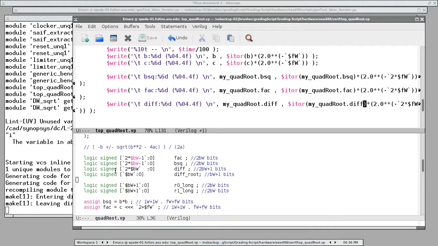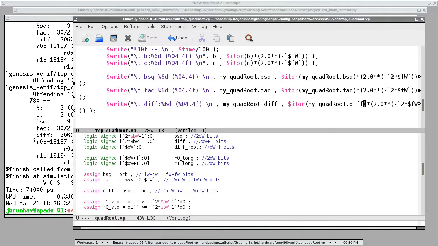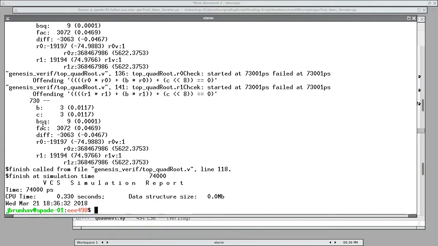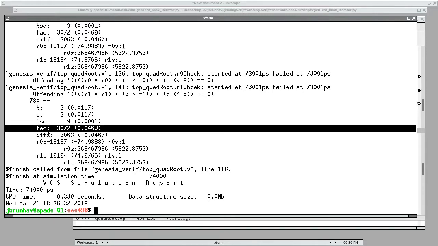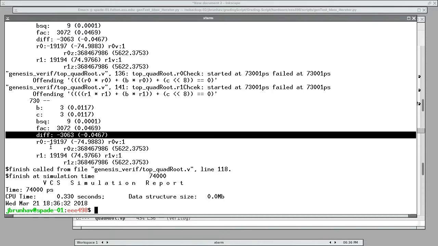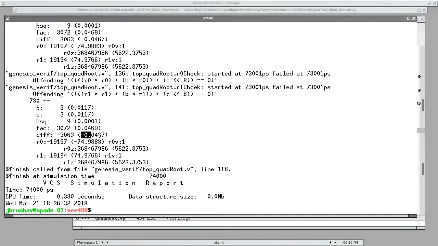Is it possible I forgot to make something assigned type? All right. B square 9, fact 3072, so we get minus 3063. Great, so diff is diff.